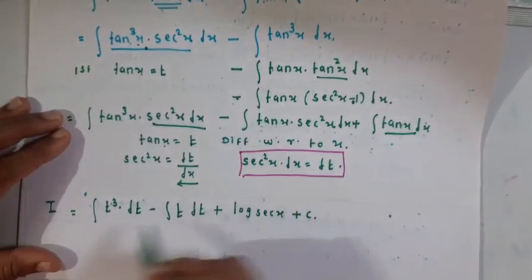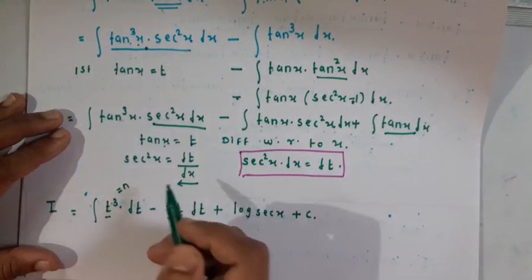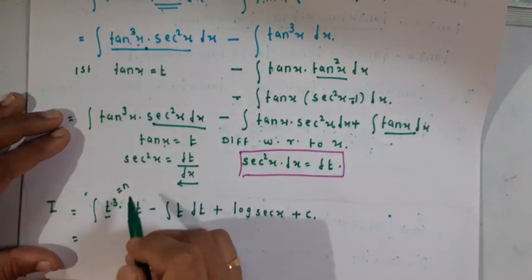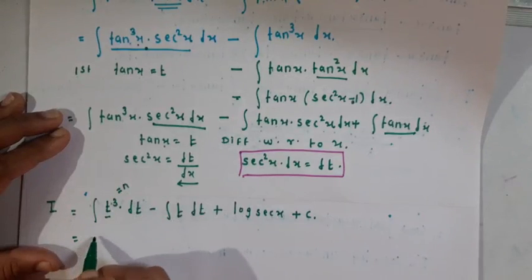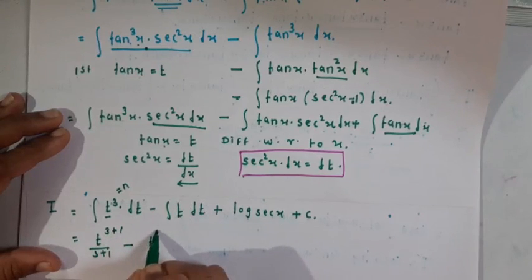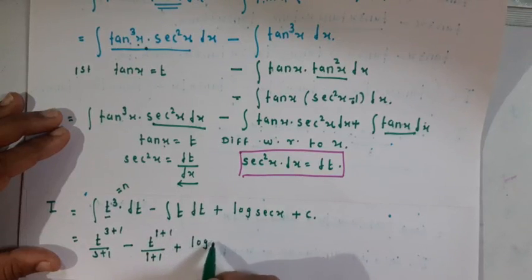Okay students, here, using the x raised to n formula, the value of n is 3, that is x raised to n plus 1 upon n plus 1, that is t raised to 3 plus 1 upon 3 plus 1, minus t raised to 1 plus 1 upon 1 plus 1, and that is log of sec x plus c.